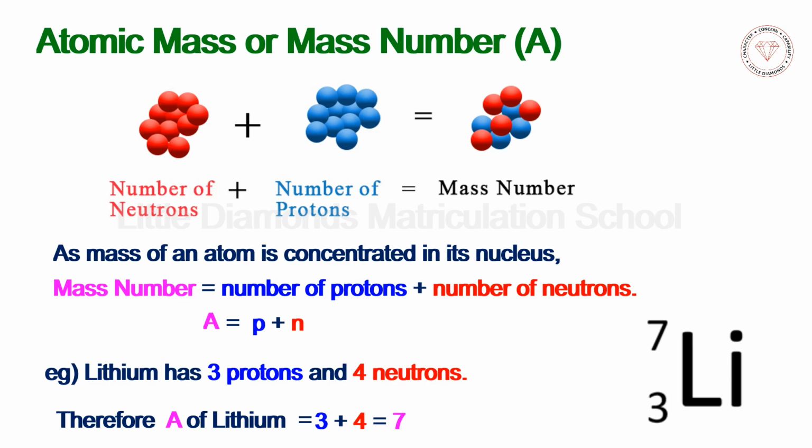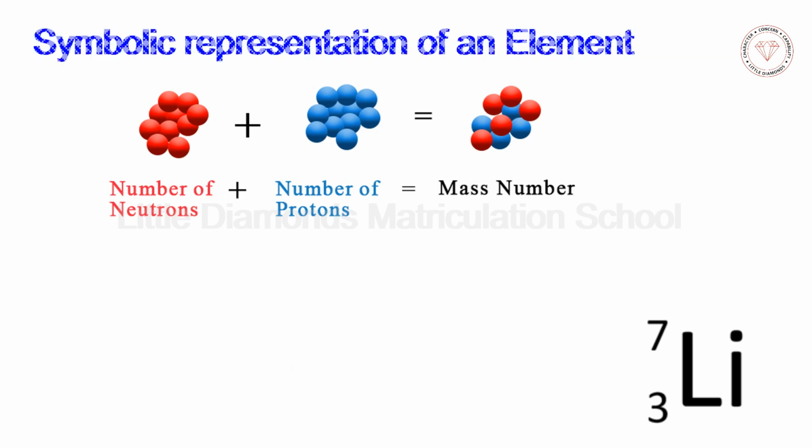We know that the mass of the atom is concentrated in its nucleus. So, the mass number or atomic mass is equal to the sum of the protons and neutrons in the nucleus of an atom. Every element is represented by its atomic number and mass number. Let us now see how the elements are represented symbolically.